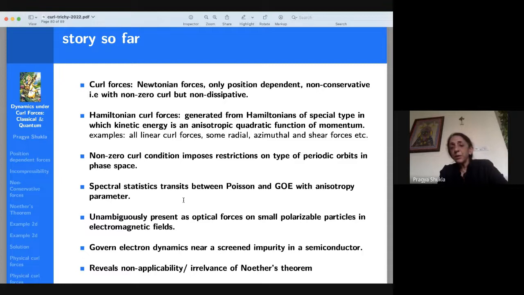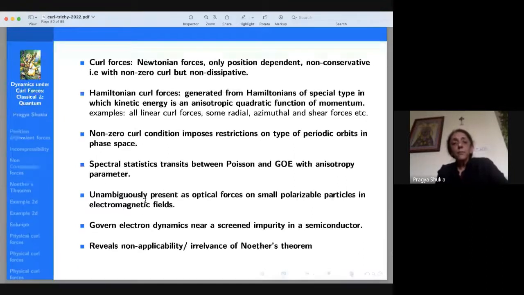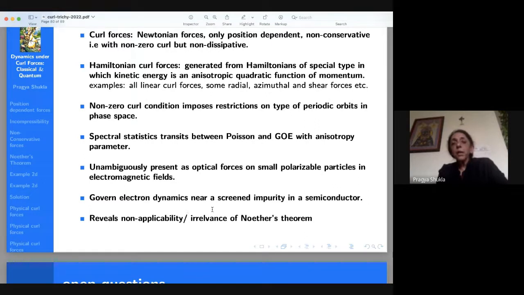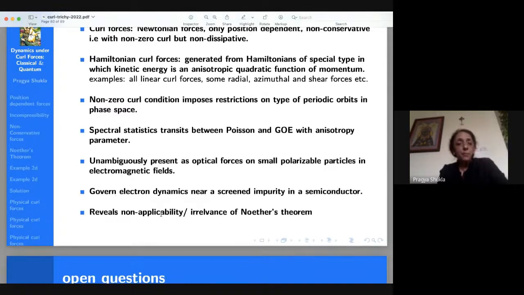Spectral statistics transits between Poisson and GOE with anisotropic parameter, but this has been studied only in context of anisotropic Kepler Hamiltonian. Unambiguously present as optical forces on small polarizable particles in electromagnetic fields. Govern electron dynamics near a screened impurity in a semiconductor, like we know anisotropic Kepler Hamiltonian takes appearance there. Reveals non-applicability or irrelevance of Noether's theorem.